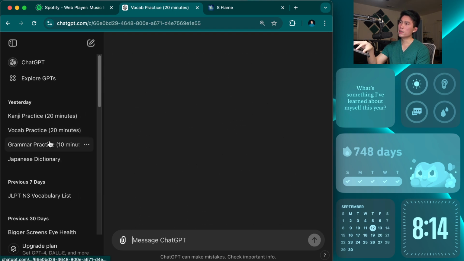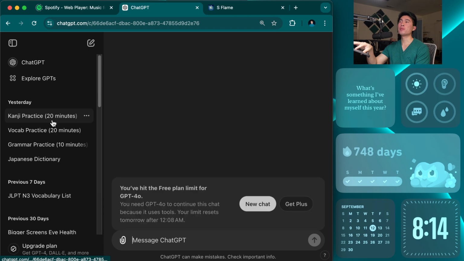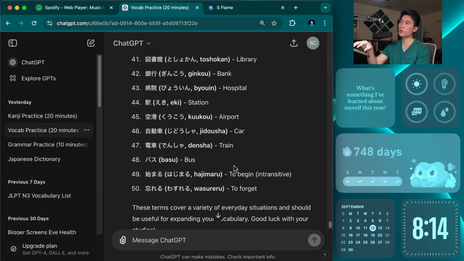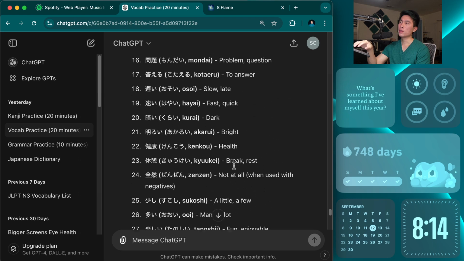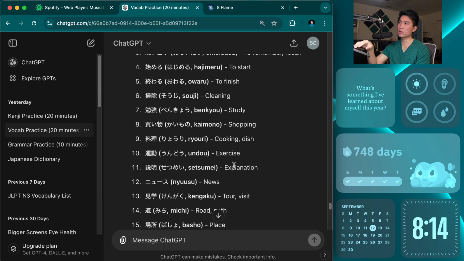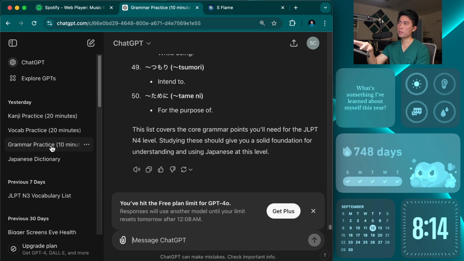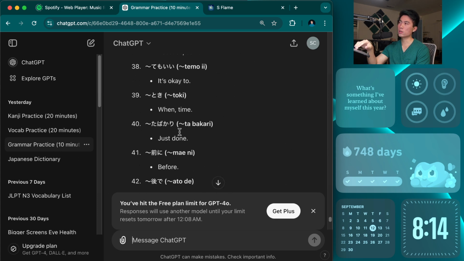So it's a little against the spirit of the challenge, but it's okay. At the very least, I have a list created by AI where I'm going to work on these things with a Japanese native speaker.